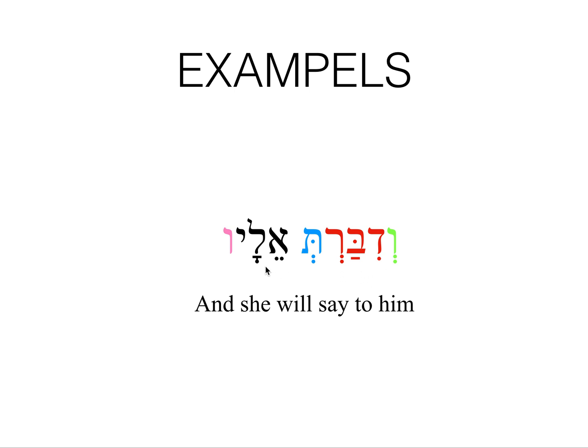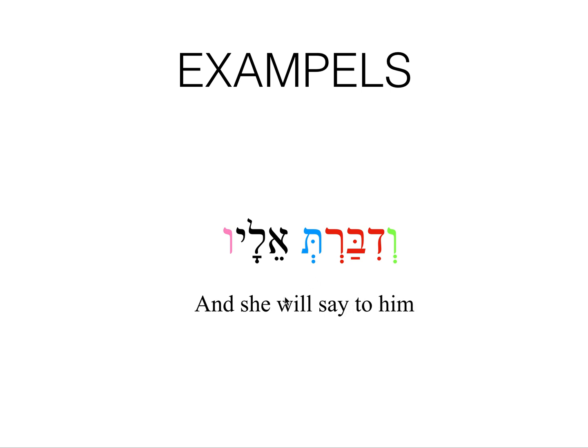Vedibarta elav. So we have vav conjunction, the three root letters, davar, and then we have t at the end, which is second feminine singular, and it is perfect. And then at the end we have lo, which means to him. So the translation would be, and she will say to him.